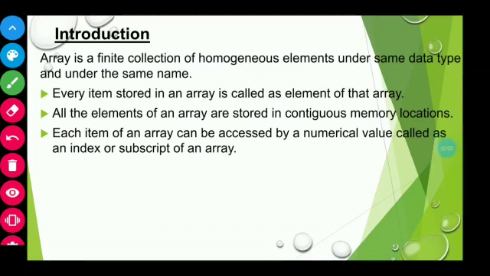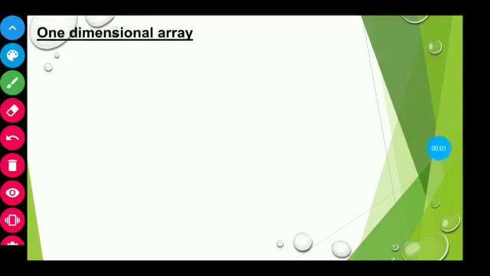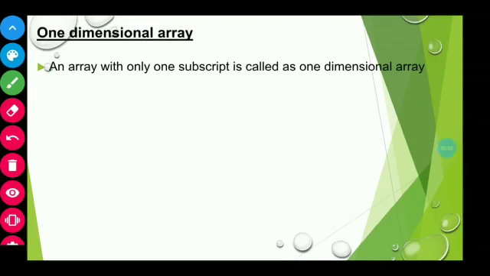Arrays can be declared in various dimensions. According to that, arrays are classified into three types: one-dimensional array, two-dimensional array, and multi-dimensional array. An array with only one subscript is called a one-dimensional array.